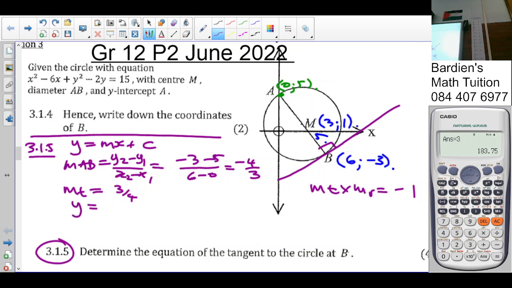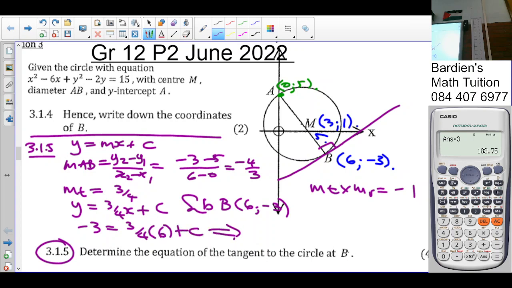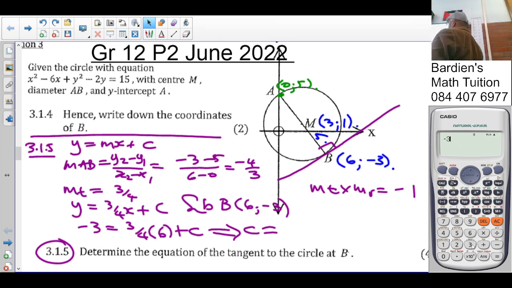The equation of this graph is y is equal to 3 over 4 x plus c. We need to substitute B, which is 6 and minus 3. So that's negative 3 is equal to 3 over 4 times 6 plus c, which implies that c is equal to, so you put in your calculator, negative 3 minus 3 over 4 times 6.